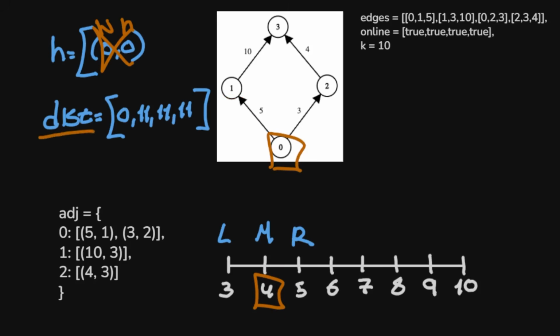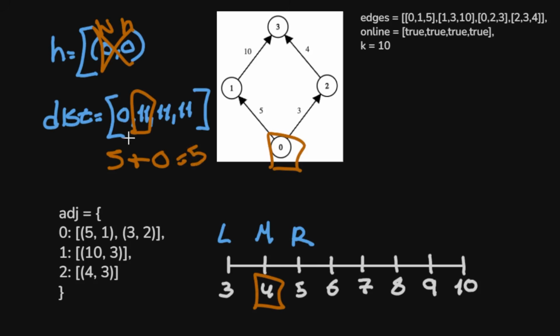Now, we need to check in the distances array at this node, meaning here, if this number is strictly larger than the accumulated weight. How do we get the accumulated weight? Well, we take the current weight, 5, plus the accumulated weight at the previous node. We have that number here. 5 plus 0 is equal to 5.